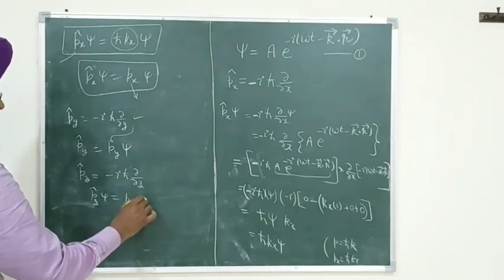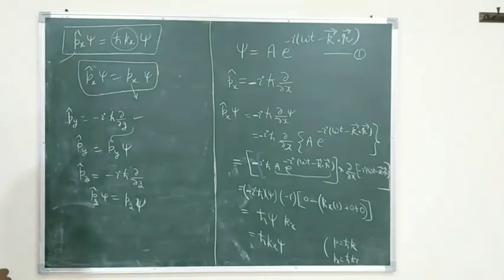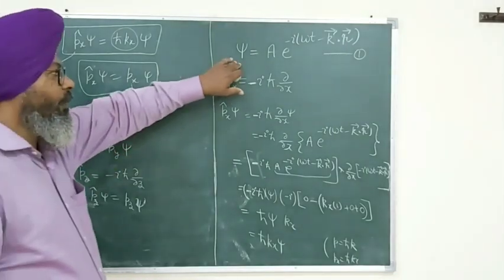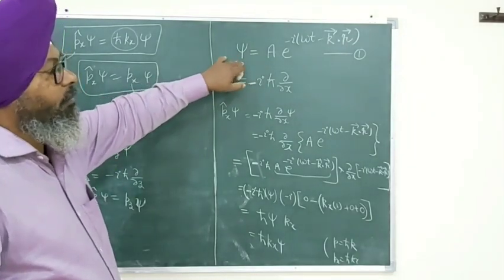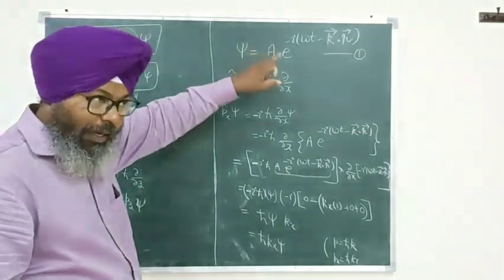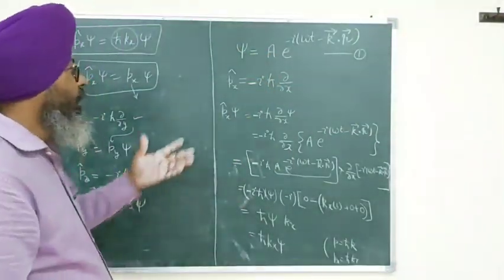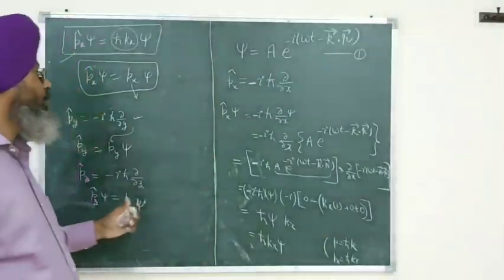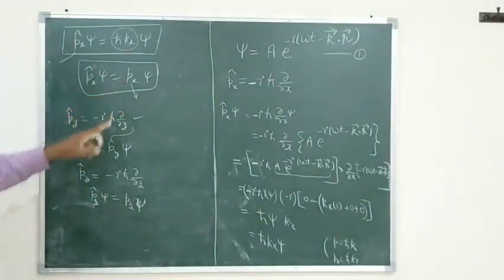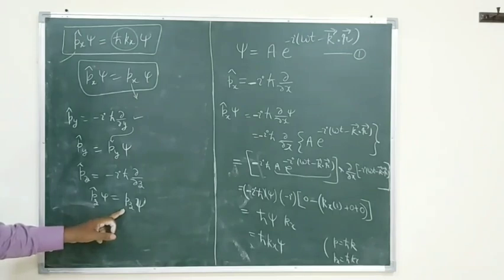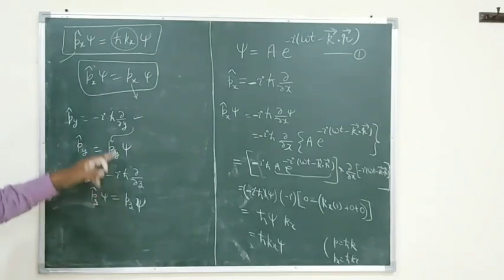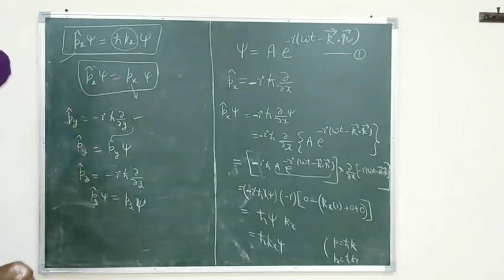So look, what is important for us is that I have a wave function which is calculable, which is not measurable, but that wave function, which by itself has no meaning, can give me the information related to the x, y and z components of the linear momentum, and all these three are measurable.